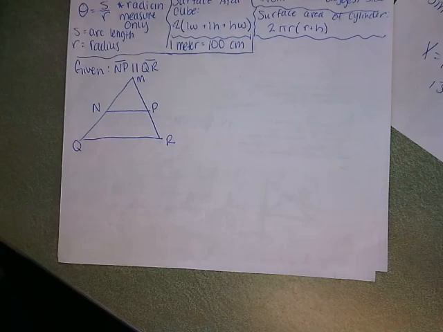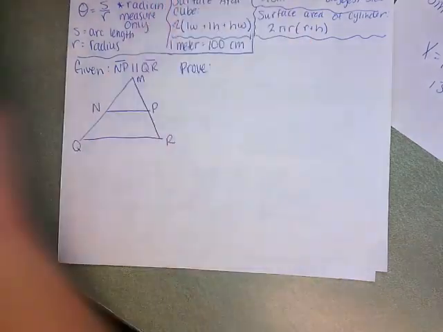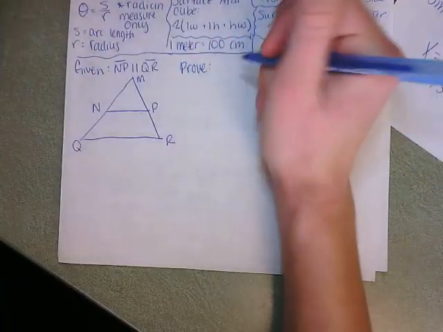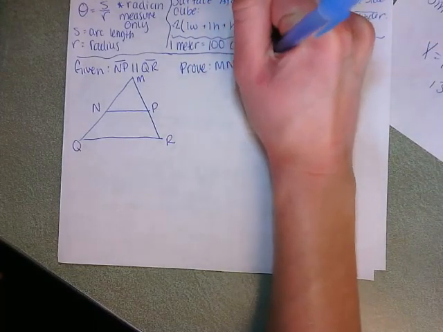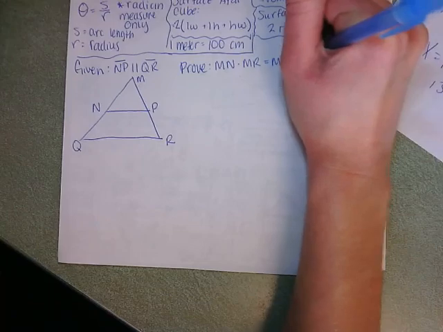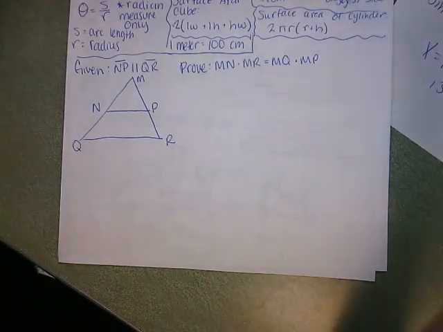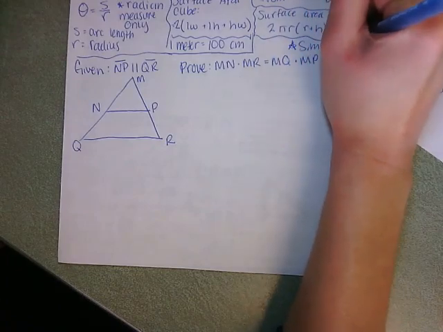Now, whenever you see prove MN times MR is equal to MQ times NP, you should know that this is a similarity proof.